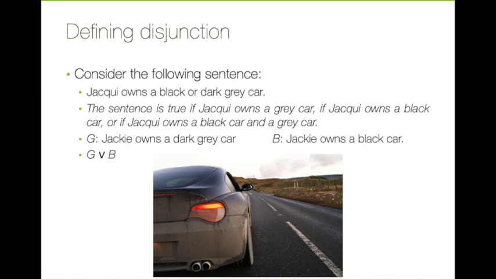If our sentence is Jackie owns a black or dark gray car, this is true if Jackie owns a gray car. It's true if Jackie owns a black car. And it could also be true if Jackie owns both a black car and a dark gray car, which is exactly what our table reflects.